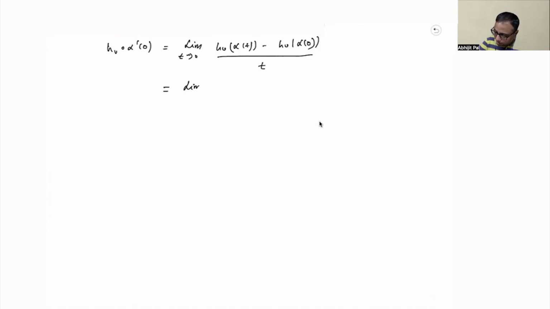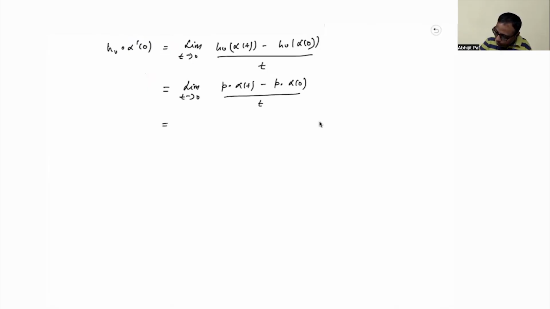This is again the limit as t tends to 0, where by definition H_B(alpha(t)) is B dot alpha(t), so we get (B dot alpha(t) minus B dot alpha(0)) divided by t.